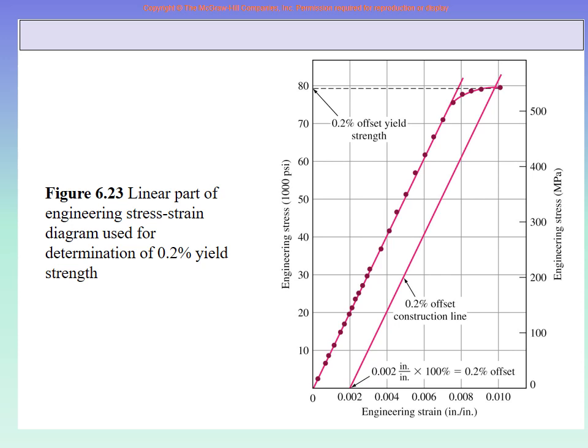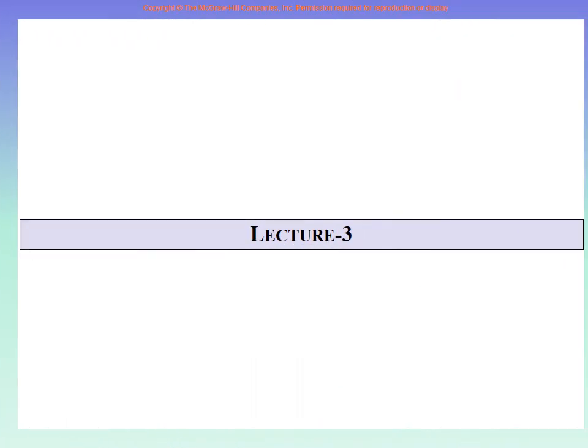So you mark that point on the strain line and then make a line parallel to the elastic region, a straight line, and wherever it cuts the curve, there you mark, and there you see that, okay, this is the offset yield strength. So this is where we stopped last time. And now let us start with today's lecture.